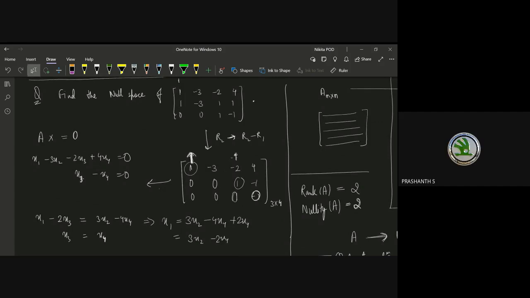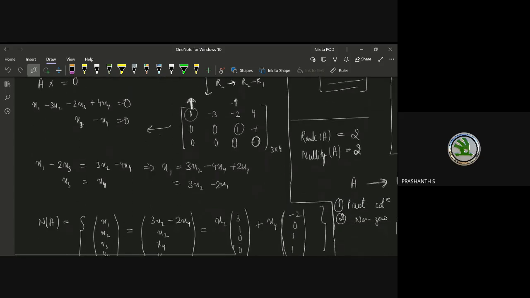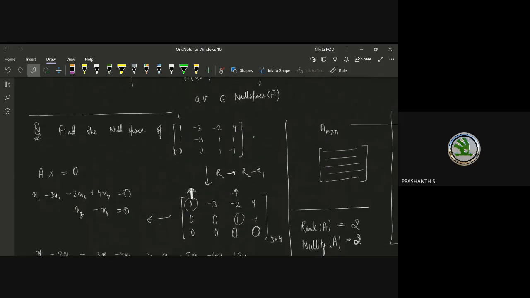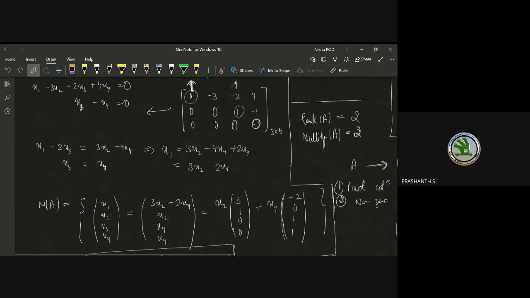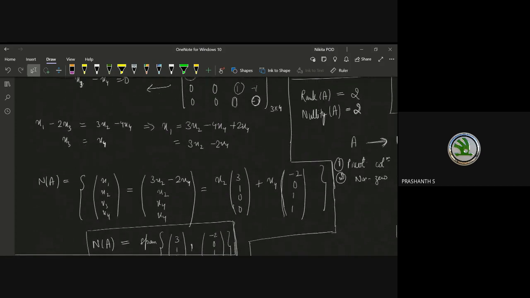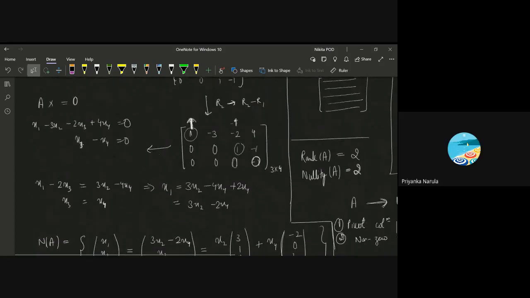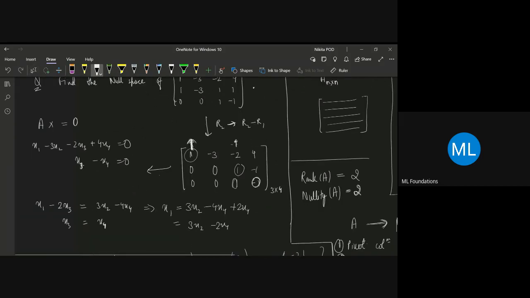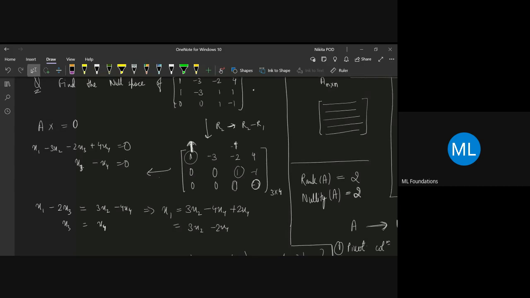What about the first and third column of U, the row echelon form? Prashant, can you repeat your question?